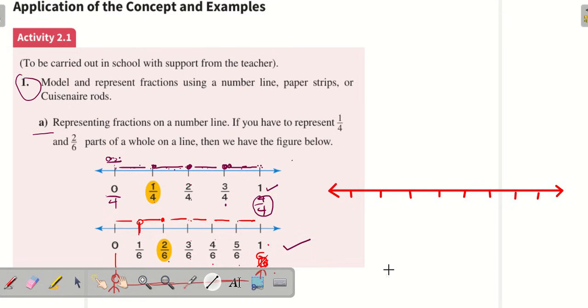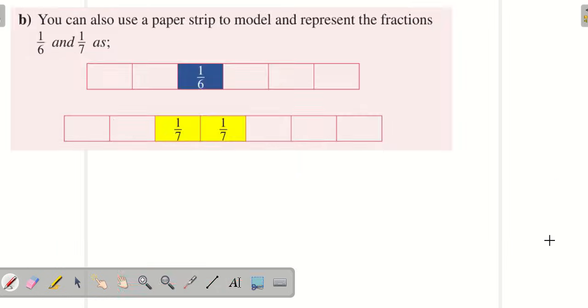Let's start from 0 and end at 1. So let's say this part is 4/7. I want you to complete the rest. And that becomes your activity. Try this. Now let's move on to the next concept.